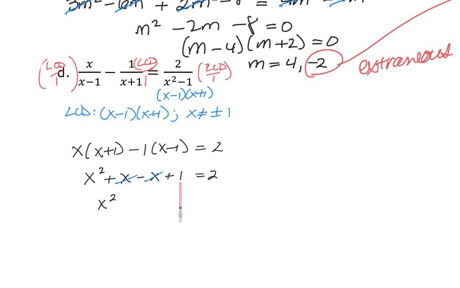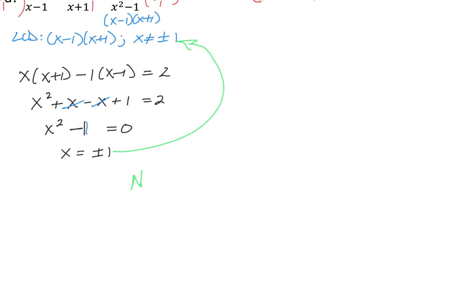I have a plus 1 minus 2 gives me a minus 1, which is equal to 0. I end up with x is equal to positive and negative 1. However, they're both the restrictions, so this is a no solution because both positive 1 and negative 1 were extraneous.